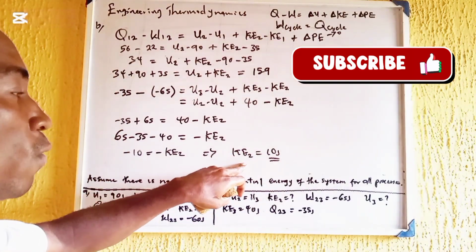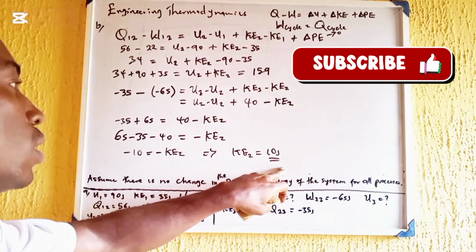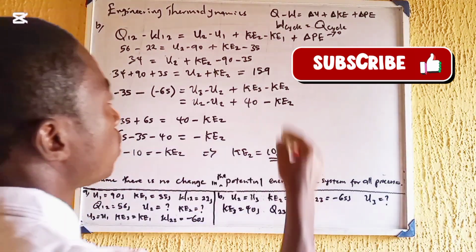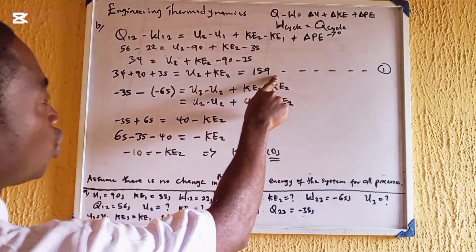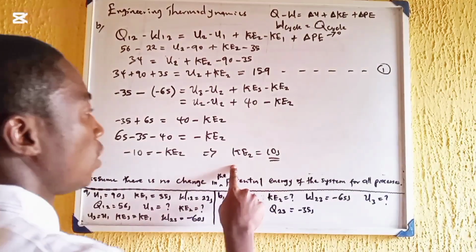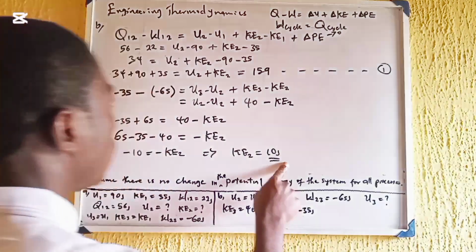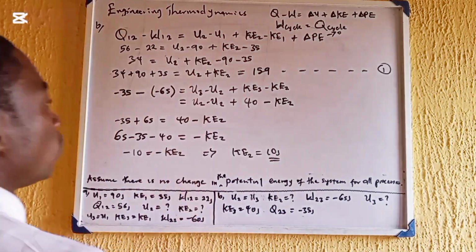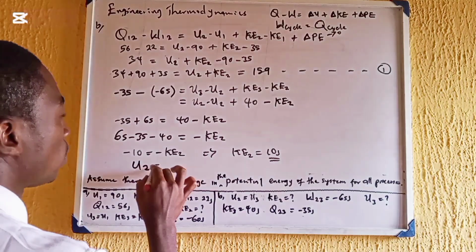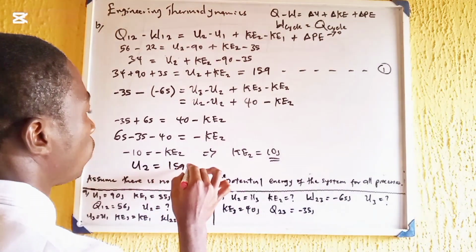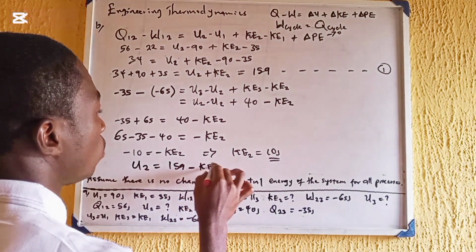So we've gotten our value for KE2, which is equal to 10 joules. What do we do? Let's call this equation 1. So we'll come to equation 1 and substitute for KE2, which is equal to 10 joules, and we'll be able to get the value of what? Our U2. So that will be U2 is equal to 159 minus KE2.